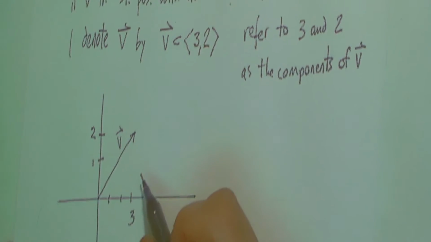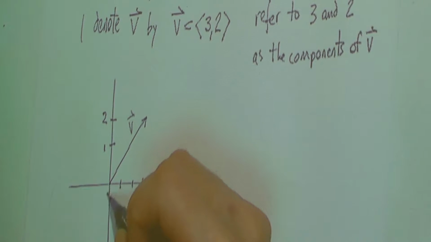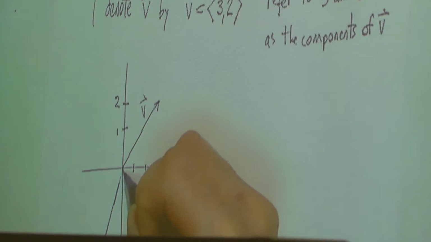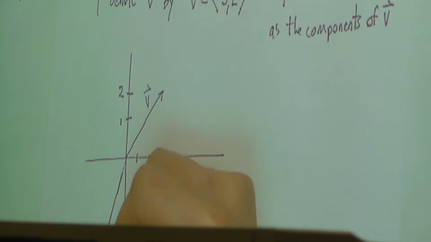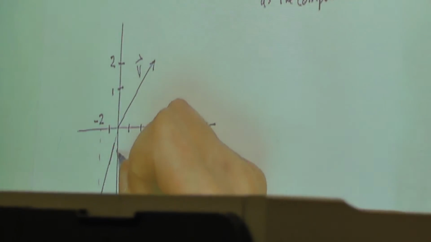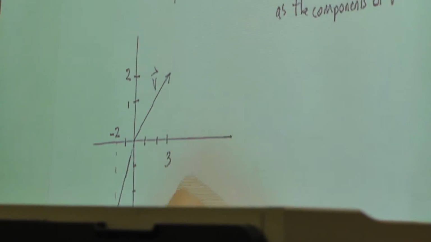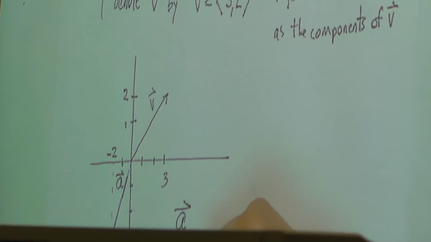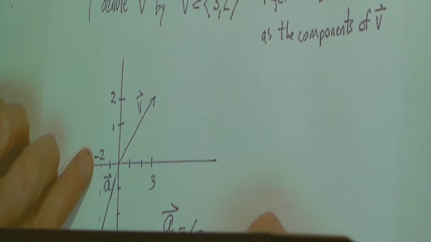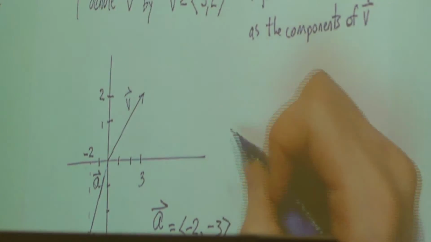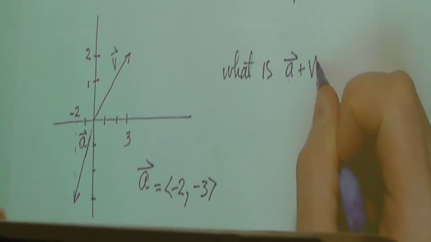And if I wanted to add to it this vector, let me see, -2 and then, so we'll call this vector A, and the vector A would then be written -2, -3. And I want to say what is A plus V, or V plus A.